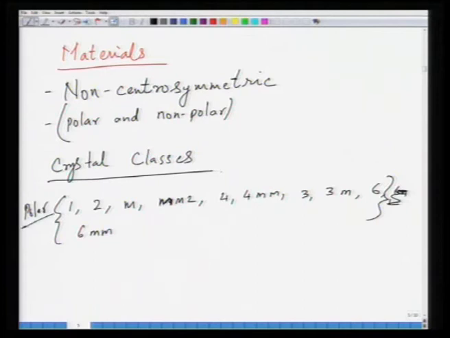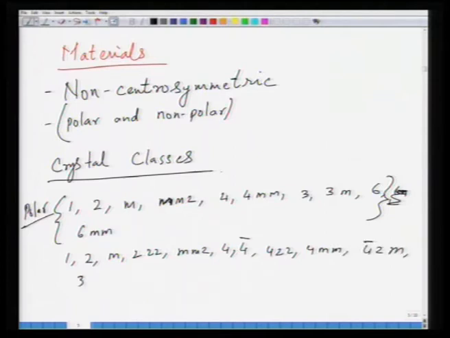polar and non-centrosymmetric, and then you have 1, 2, m, 222, mm2, 4, 4 bar, 422, 4mm, bar 42m, and then 3, 32, 3m, 6, 6 bar, 622, 6mm, bar 62m, 23, and then bar 43m.